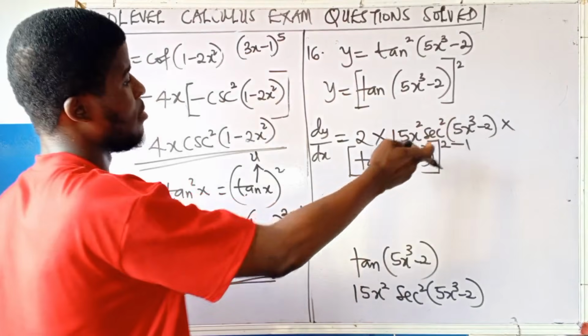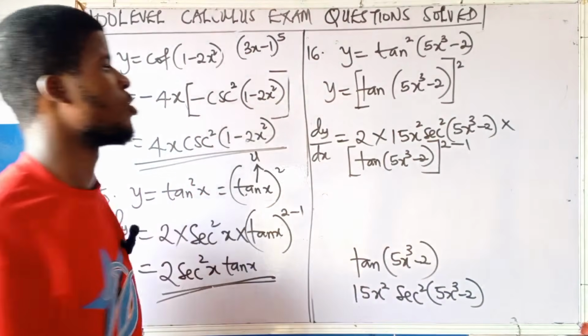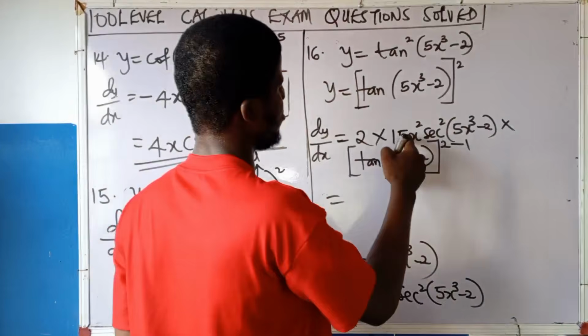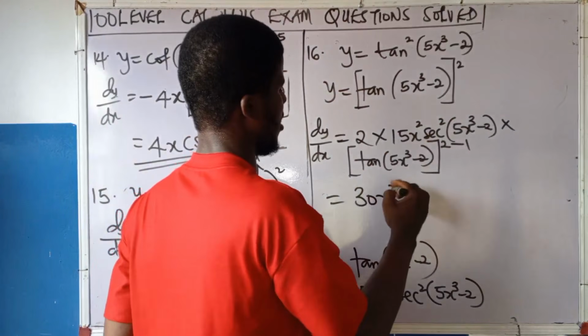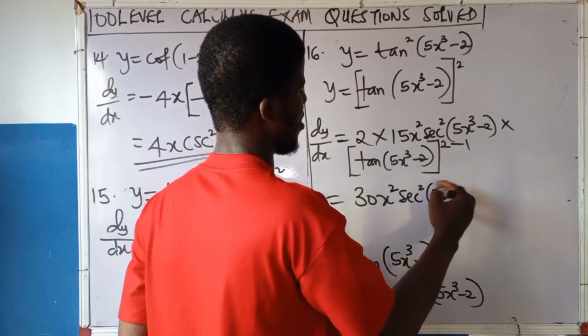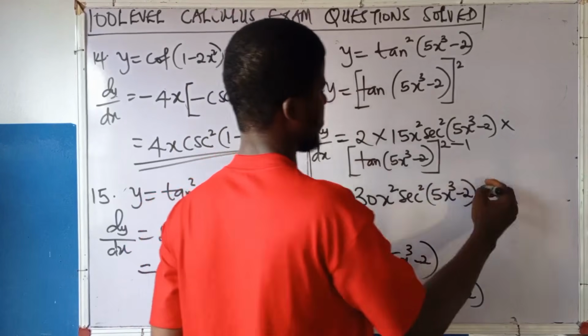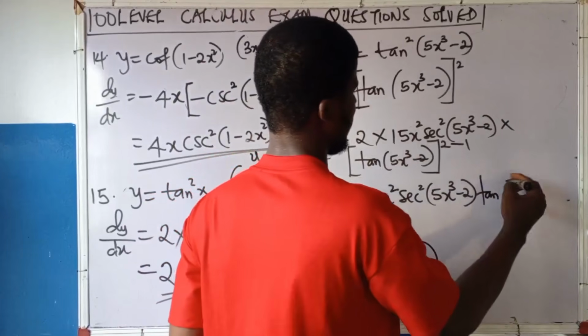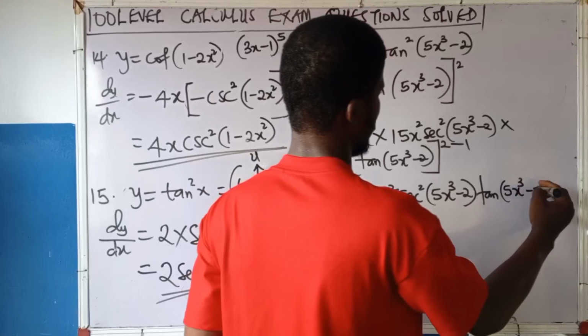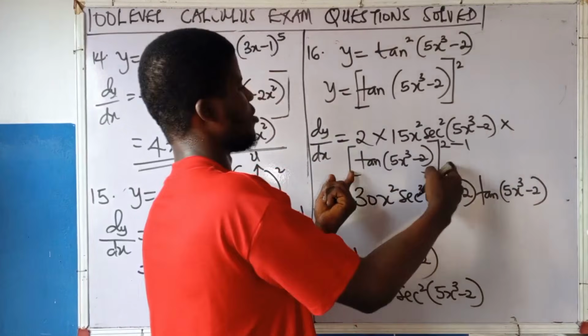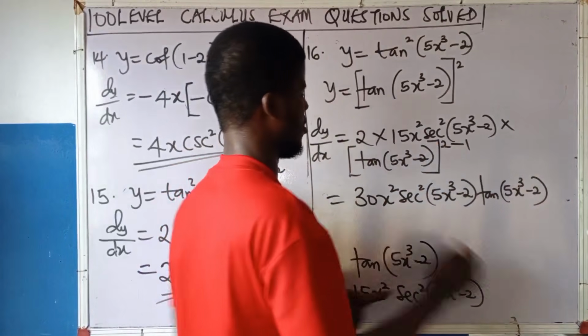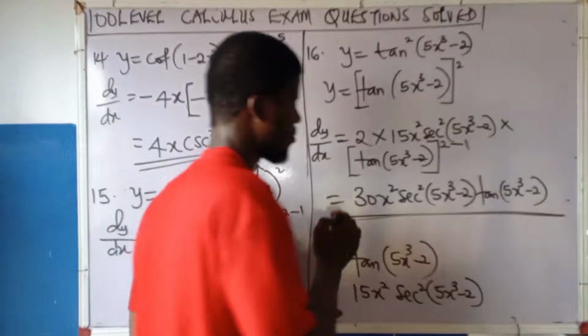So that's exactly the game that is being played here. So what's going to happen here is simple. This is 2 times 15, that's 30. 30x squared sec squared 5x cubed minus 2 into tan 5x cubed minus 2. If I raise everything to power 1, it's the same thing as this. So this is the derivative.